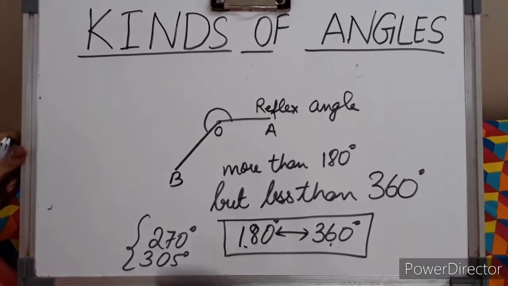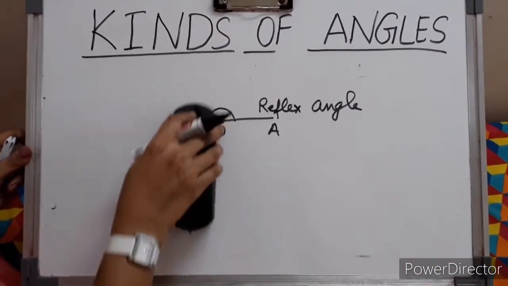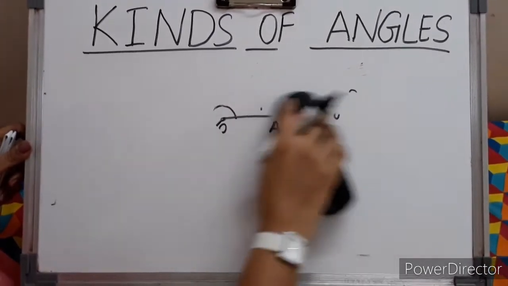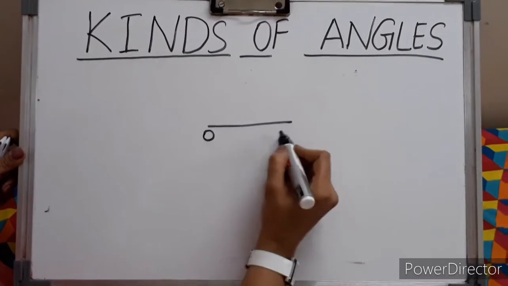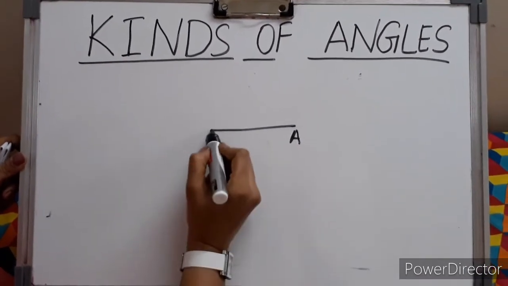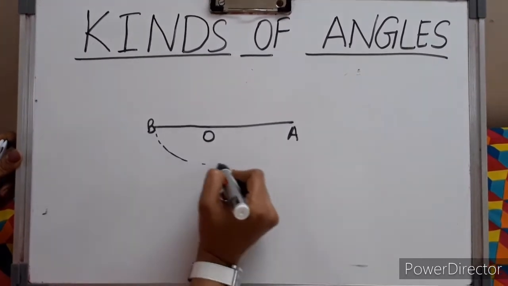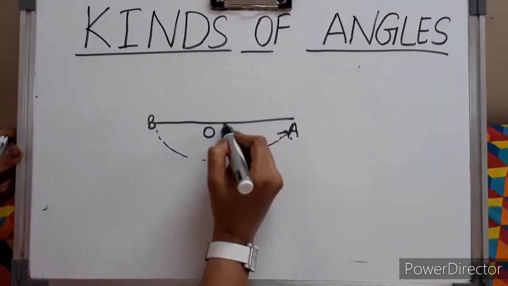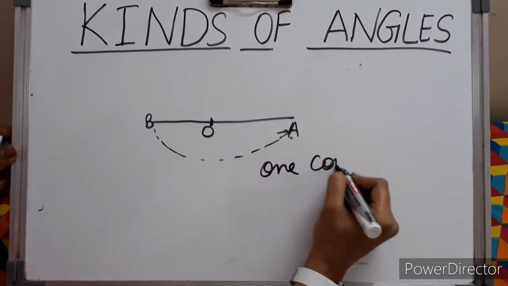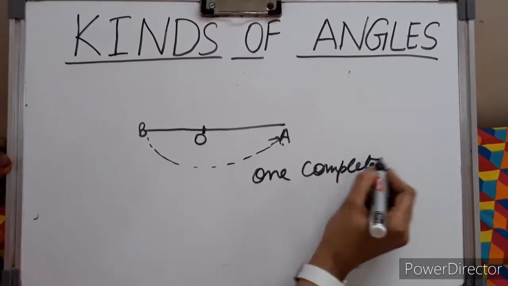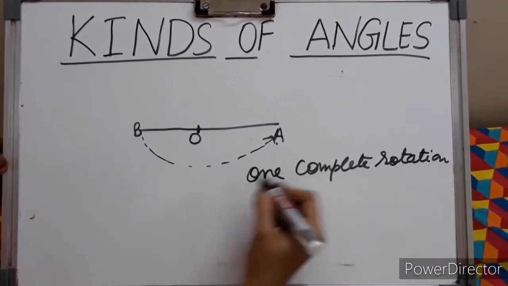Okay, suppose this is a line OA, when this line OB moves again till here, this forms one complete rotation, which I discussed earlier.